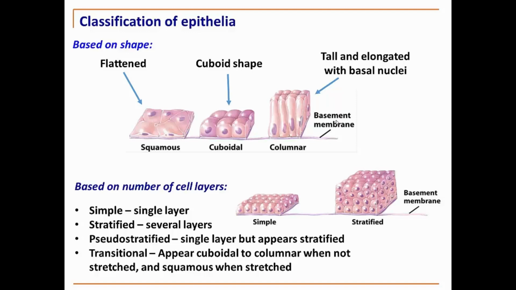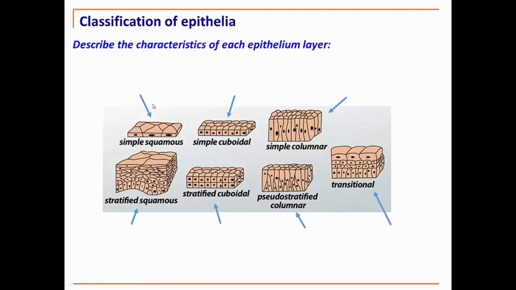So in other words, it's single layered but appears to be stratified. It appears to have several layers to it. So it just looks like a multiple layered cell epithelial lining. You also have your transitional, and these may appear cuboidal or columnar when they're not stretched, and then they go on to form this squamous shape when they are stretched.